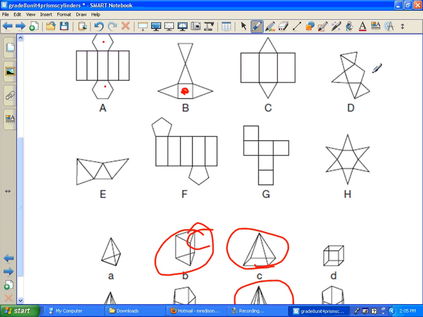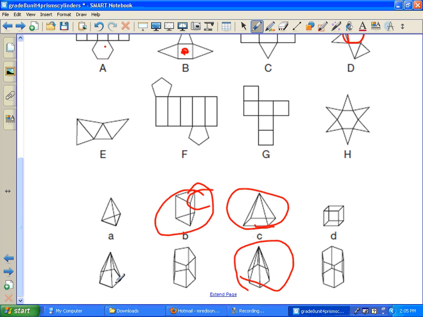Looking at D, again, only one base, and the base is a pentagon. So here's my pentagon with only one base, so it comes to a point. So this is a pyramid, so this is D. This one here has a triangular base, and it only has one of them, so we know it's a pyramid. We're not going to worry about it, but we do know that it will end up being this one here. Two bases, and the bases are in the shape of a pentagon. So we're going to look for a pentagon base and a top right here.